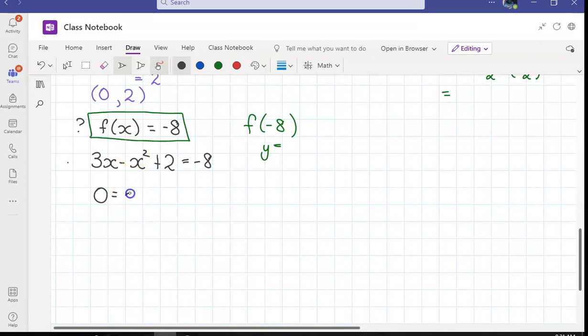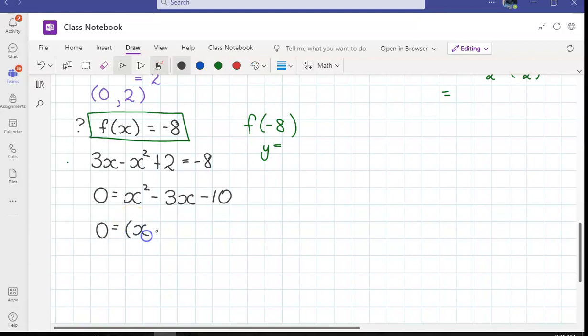So the minus x goes over. We get x squared. The 3x goes over. It's minus 3x. Get rid of the plus 2, take 2. It's minus 10. And before we go quad formula or calculator, we go, hey, are there two numbers that multiply to give me minus 10, but add up to minus 3?